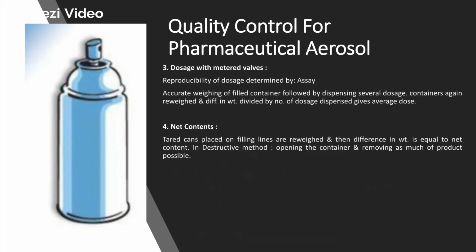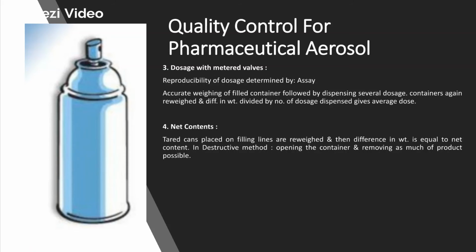Next, we move on to other parameter analysis like dosage with the metered valves. When we talk about the metered dose inhaler, it is very important to understand that each dose should be uniform. There should not be any dose to dose variation. It should not happen that one dose comes out having more active therapeutic ingredient and another having less. In that case, the batch has to be rejected.